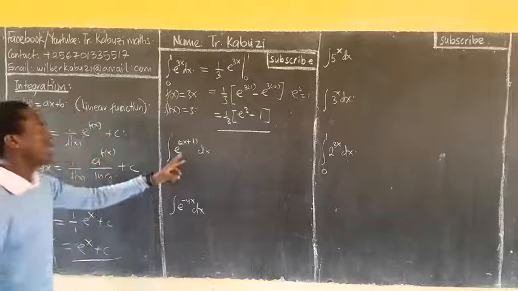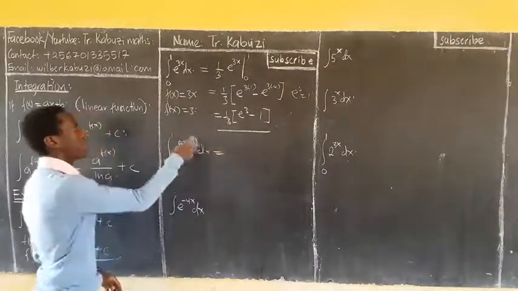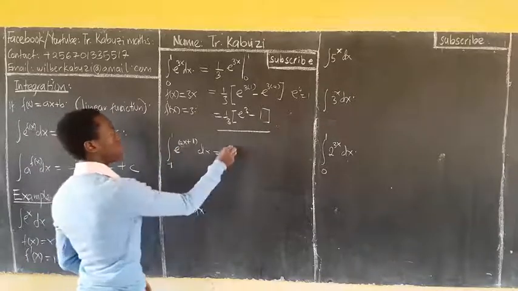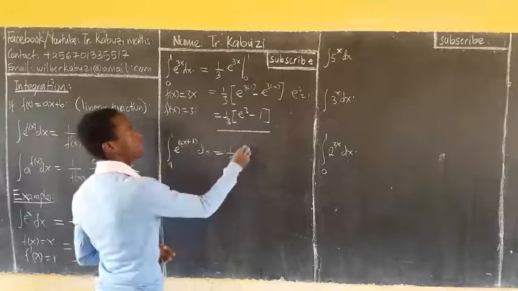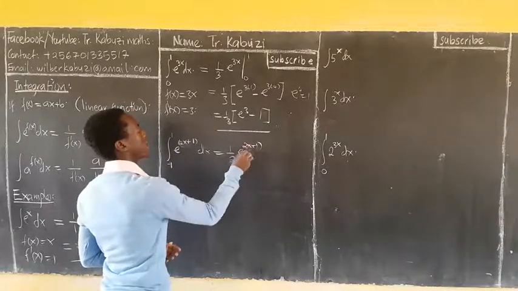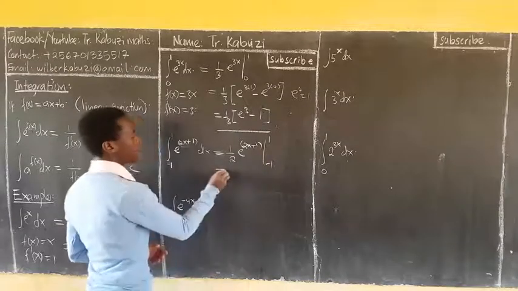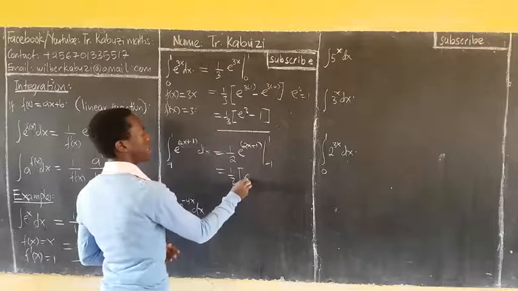So from here, this one is linear. Now the idea is very easy: differentiate this and then take the reciprocal. When you differentiate this, we get 2, so it will be 1 over 2, then the exponent of the original function, which is 2x plus 1, from negative 1 to 1. So this will be a half into the exponent.